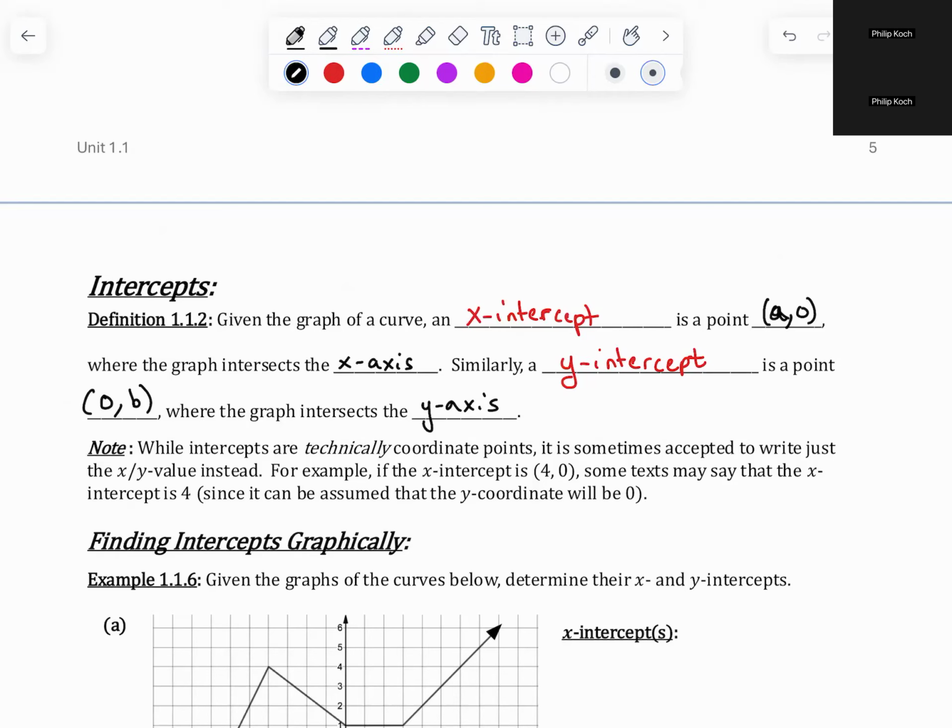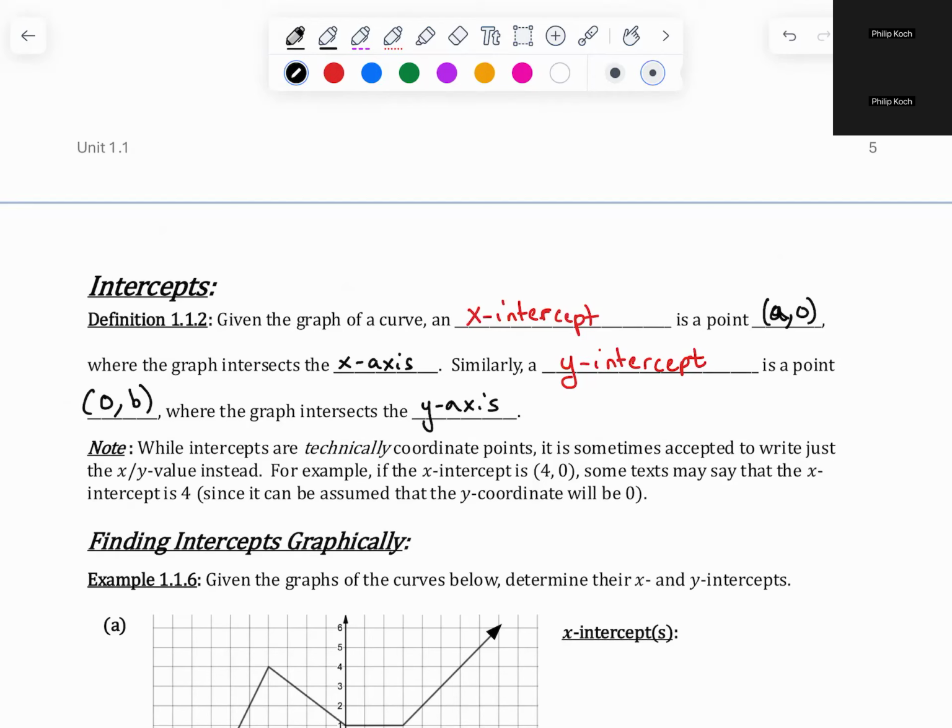However, because of the context, if you say it's an x-intercept, we already know it's on the x-axis, and therefore we already know that the y-coordinate is 0. So many times you will see people say that the x-intercept is 4. That is not 100% correct. If you said the x-intercept is at x equals 4, that is more correct than saying the x-intercept is 4.